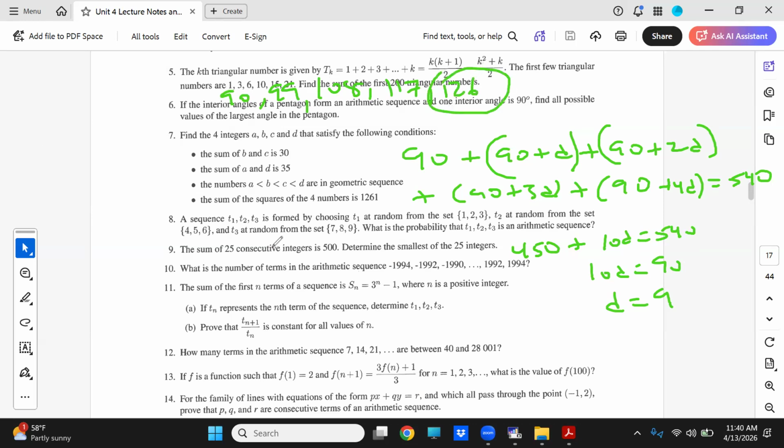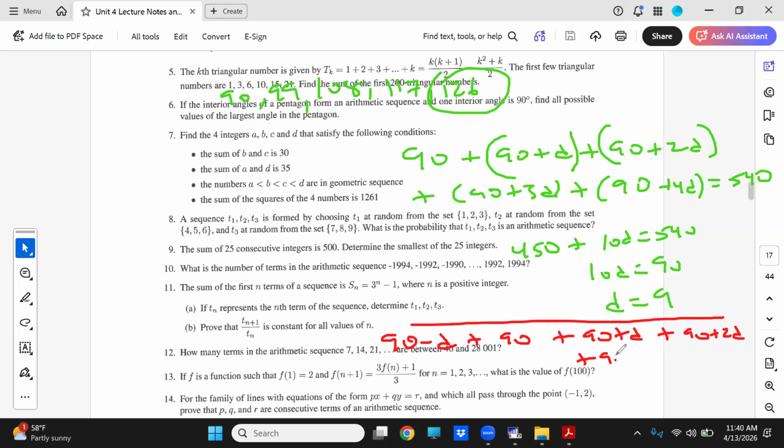Now, I made that assumption, right? What if it's the second smallest angle? So we have to see if it makes sense, right? So 90 minus D plus 90 plus 90 plus D plus 90 plus 2D plus 90 plus 3D equals 540.